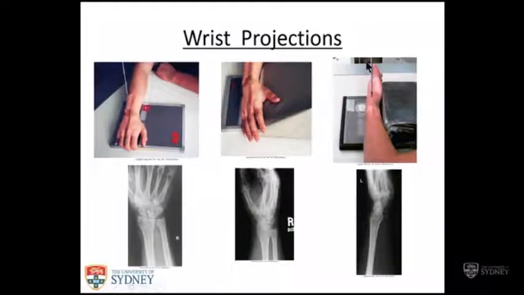Now, one thing that's quite interesting, notice in this case, the patient's got their arm bent. And that's fine, but my view is I prefer to perform laterals with the arm straight. I think they're easy to achieve. And I'll show you why in a moment.